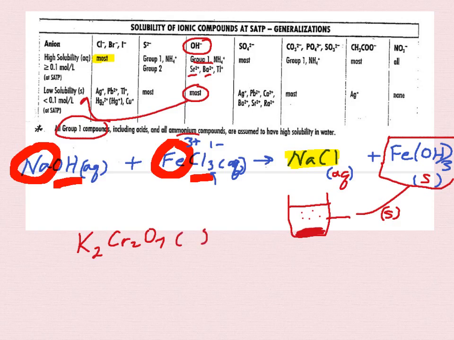Your first instinct might be to say, well, how could I tell? Because the dichromate ion is not listed here. And you're right, but potassium, being a group 1 ion, put together with any other ion will always be soluble.